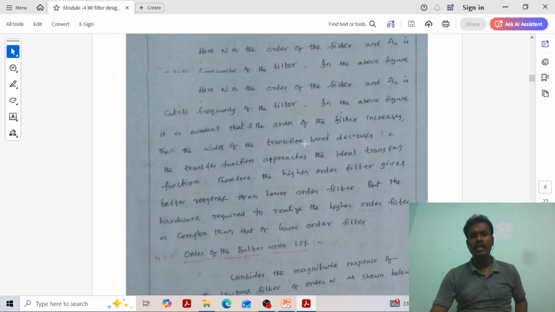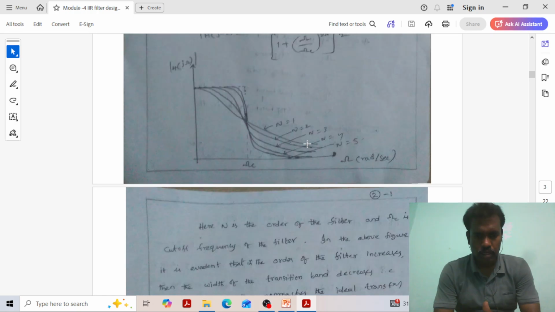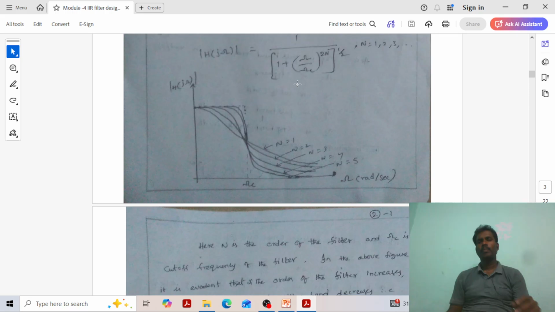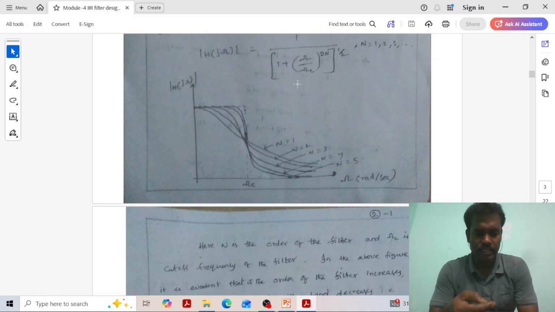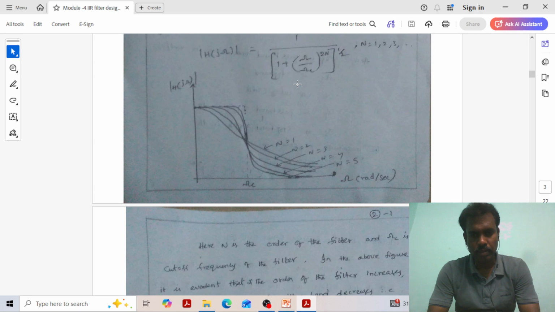So what does the order actually indicate? The order indicates the number of poles in the transfer function. This is the transfer function 1 by 1 plus omega. j omega is actually s, so the denominator has s, and the roots of the denominator are the poles. The maximum power of the denominator polynomial indicates the order of the filter.